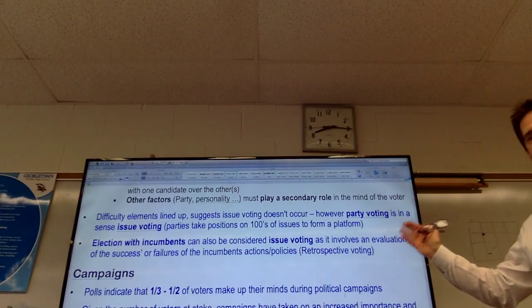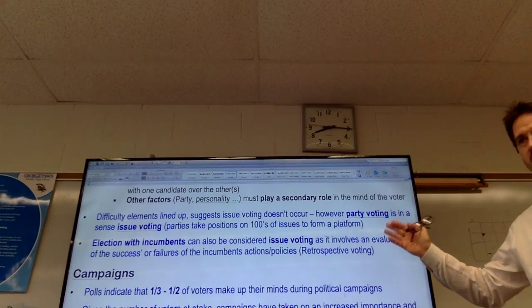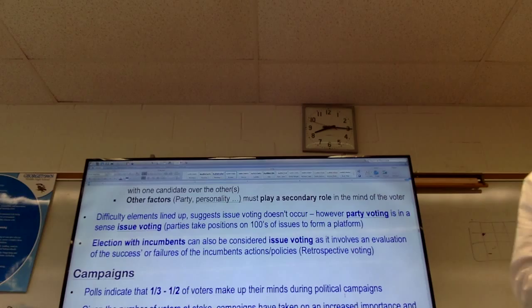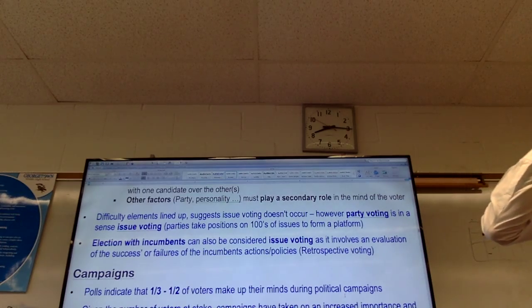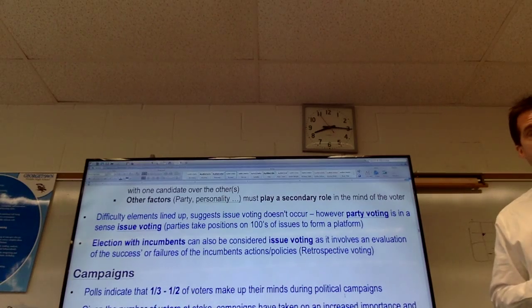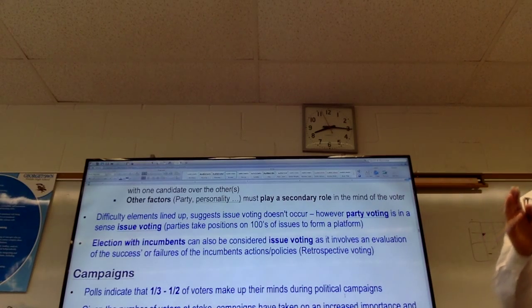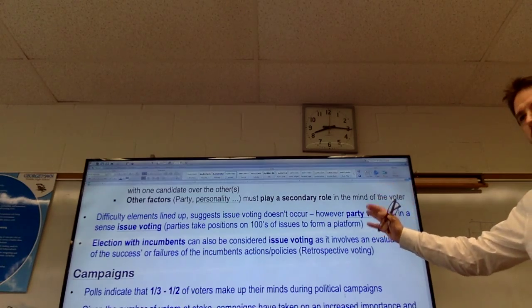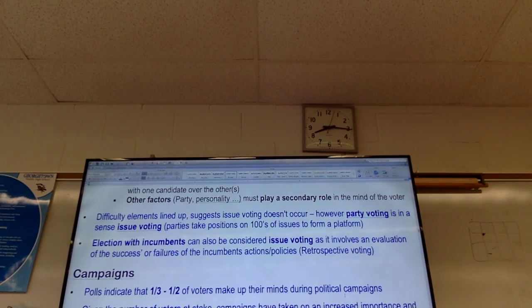The number one rule of campaigning and voting is to simplify this complex process. And parties simplify it for you. They represent a way to boil down how I feel about all these various issues, and I use them as a cue to how to vote, and that on some level is issue voting. All right?